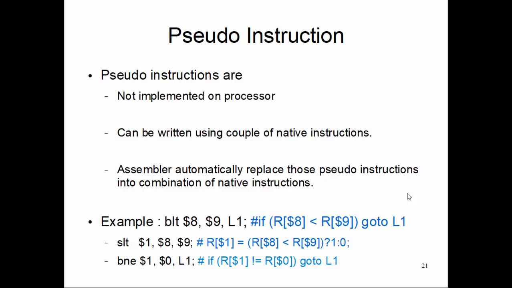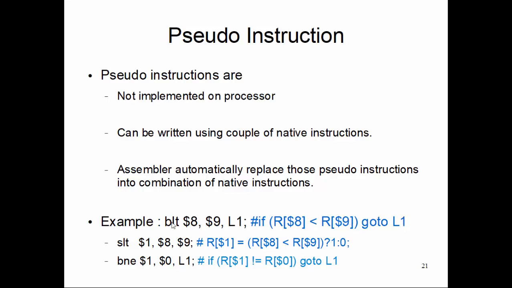So for example, BLT, which is called branch on less than, as a statement. In this example, let's say $8, $9, and L1. It says that if the content of register $8 is less than the content of register $9, then go to L1.